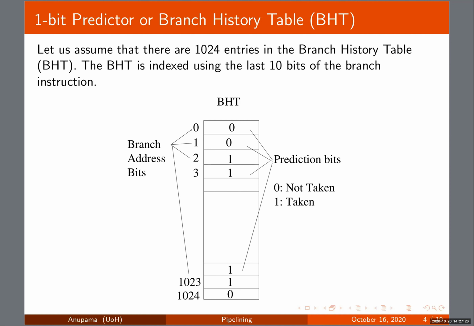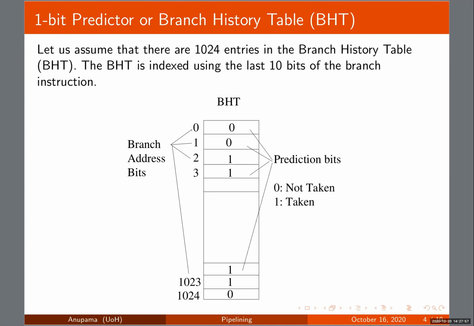You only need to see those videos up to a point, because beyond that it gets very complex. They talk about very complex branch predictors which are not covered in the book, so we don't need to go there. But for 1-bit, 2-bit, and other things, he has done a very good job, so I want you to go through those videos later.